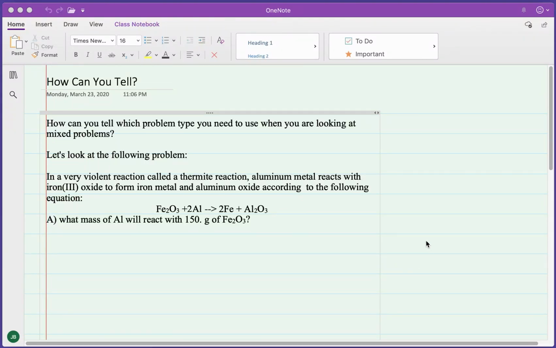All right, so for today's worksheet, you have mixed problems. And usually I find that this is what gives students a lot of issues, is when the problems are all mixed up.